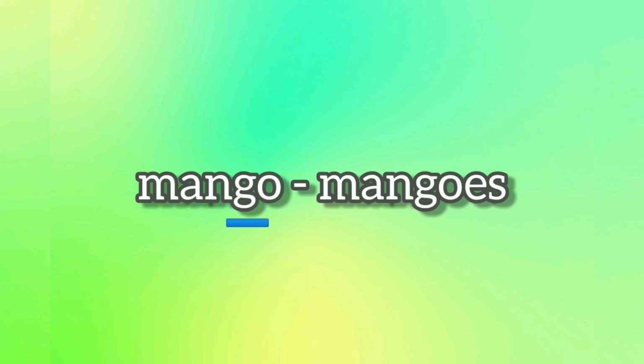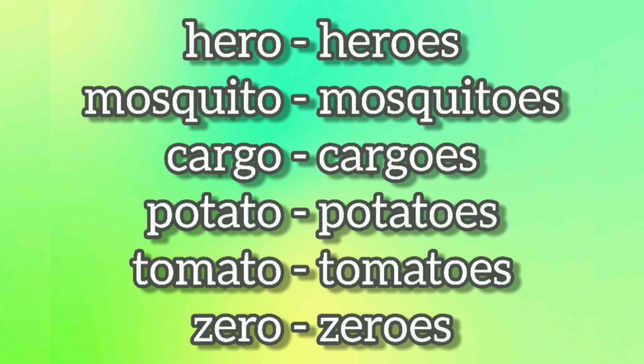So we are adding ES to the singular noun to form the plural. Followed? Other examples are hero, heroes, mosquito, mosquitoes, cargo, cargoes, potato, potatoes, tomato, tomatoes, zero, zeros.